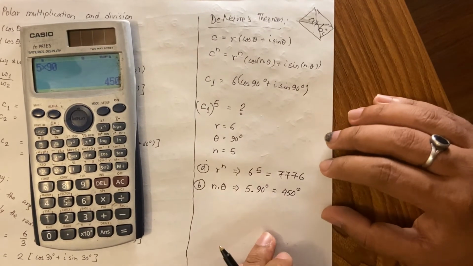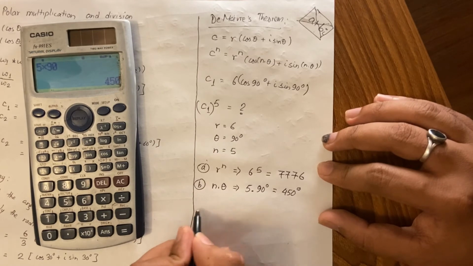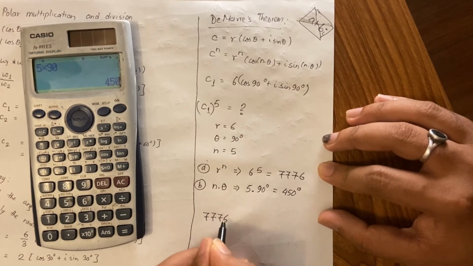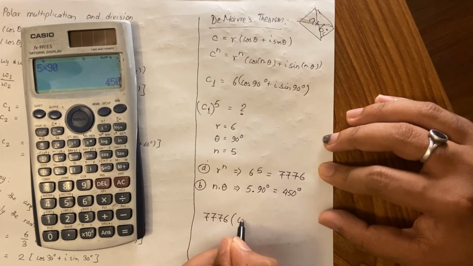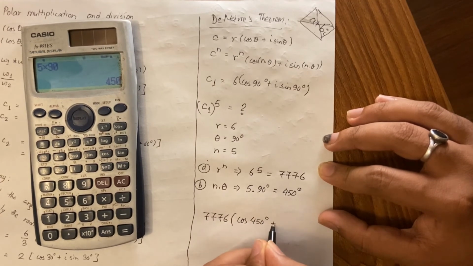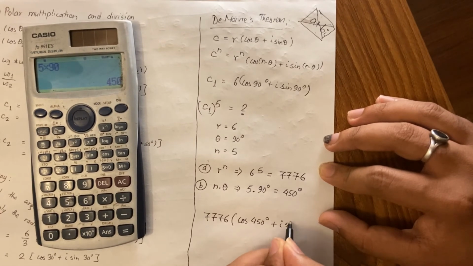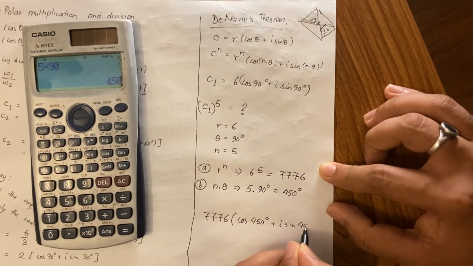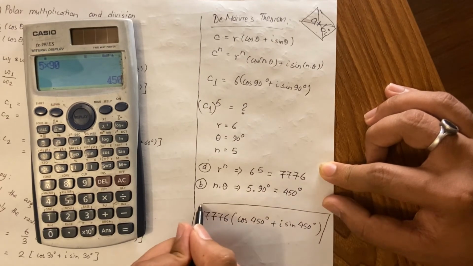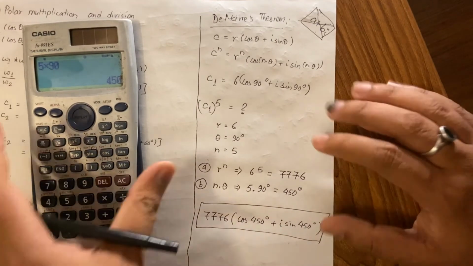So your final answer then would be 7,776 cosine of 450 degrees plus i sine of 450 degrees. And this here is the final answer.